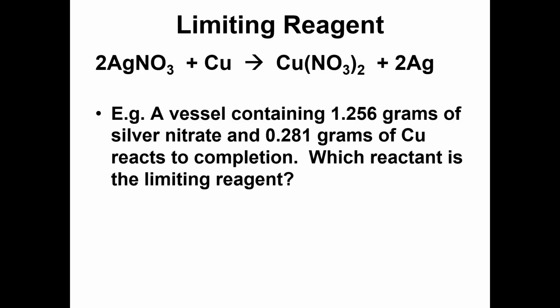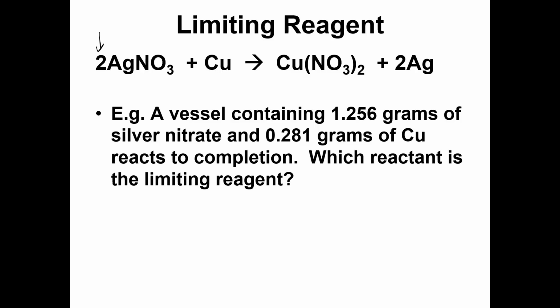So here we have a reaction, silver nitrate and copper, forming copper nitrate and silver, and this is already balanced for you, a 2-to-1 ratio. The question is: a vessel containing 1.256 grams of silver nitrate and 0.81 grams of copper react to completion. Which reactant is the limiting reagent?